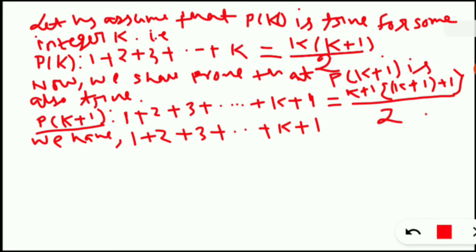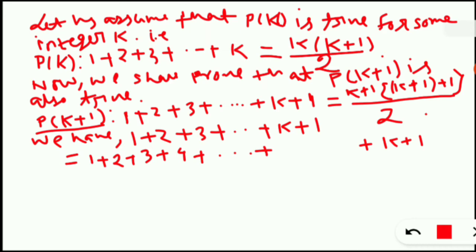Clear? So in next line, equal to 1 plus 2 plus 3 plus 4 plus dot dot plus, and last term is k plus 1. Listen, 4 minus 1 is 3, third term, 3 minus 1 is 2, second term, 2 minus 1 is 1, first term. So this is the last term, k plus 1.